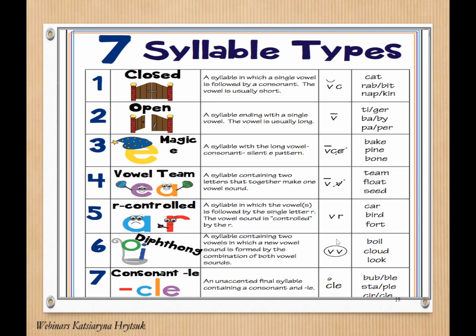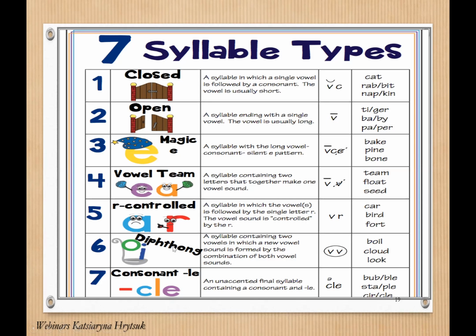Here, vowel team too, but here is one sound. You see, only one team, two letters, one sound. Here, two vowels, okay, and then we read them as boil, not bowl, boil, cloud, look, okay? So it's called diphthong. We will talk about diphthong later more.